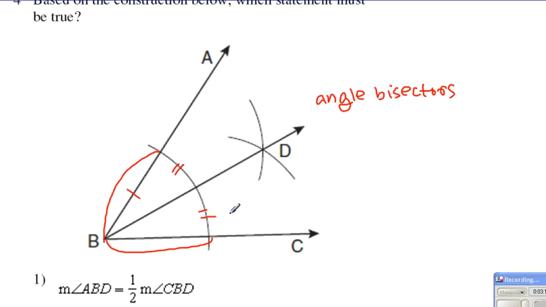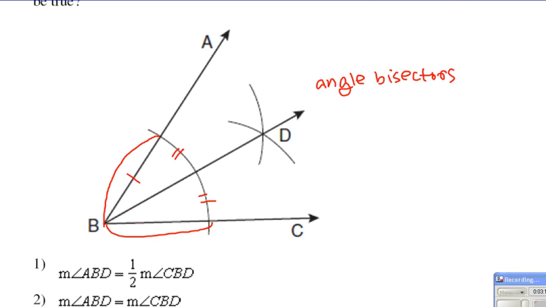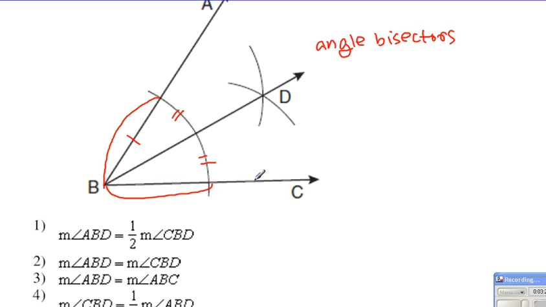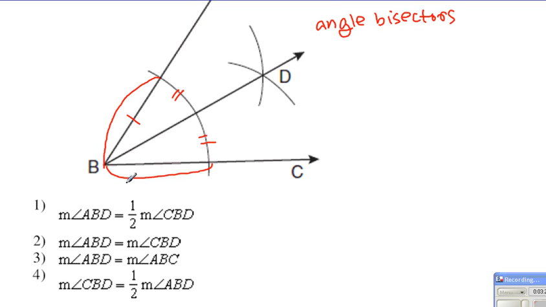So, which one has that? Angle ABD is not the half of CBD. But in fact, if you go down right here, CBD, this small angle, must be the half of, in fact, that's not either, ABD, oh, right here. ABD is equal to CBD. That will be our answer.